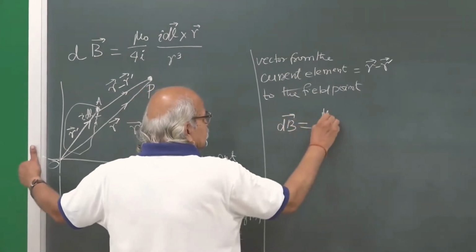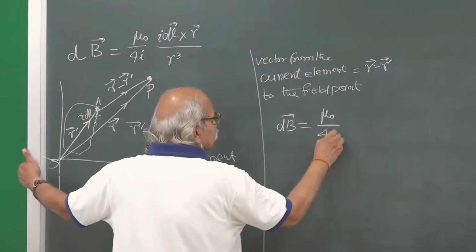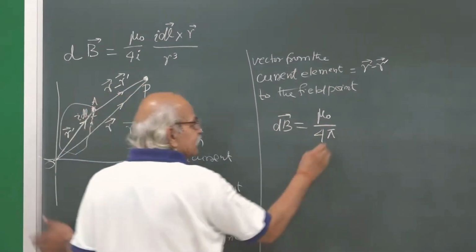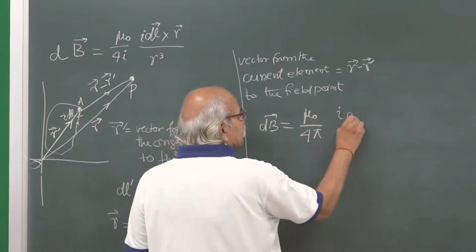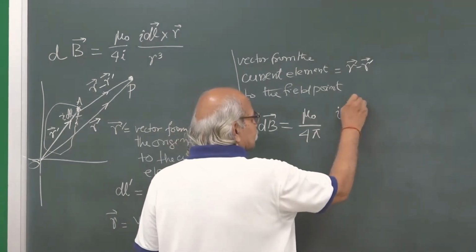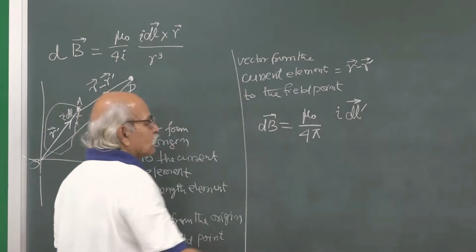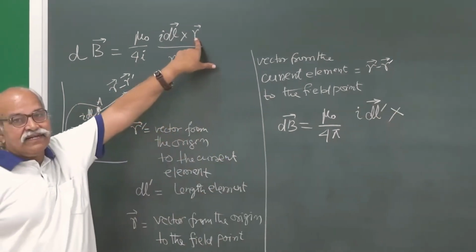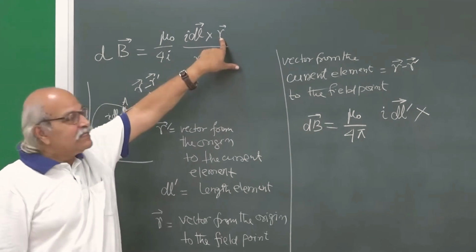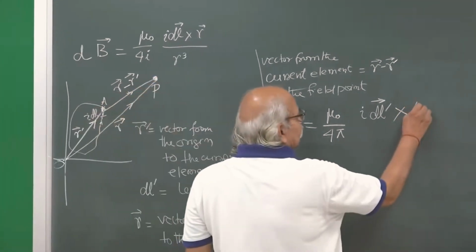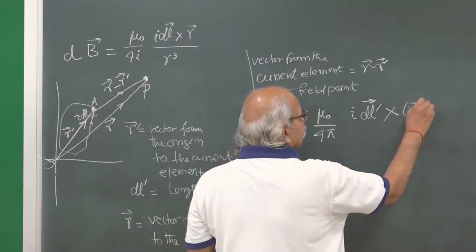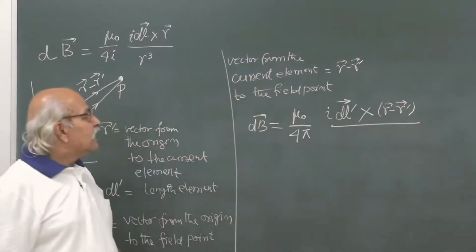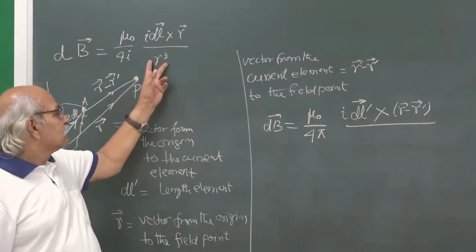And then this dB, now the symbols will be different, it will be mu naught by 4 pi, I dl prime, cross this vector from the current element to the field point, which is now r vector minus r prime vector, over magnitude of this cube.